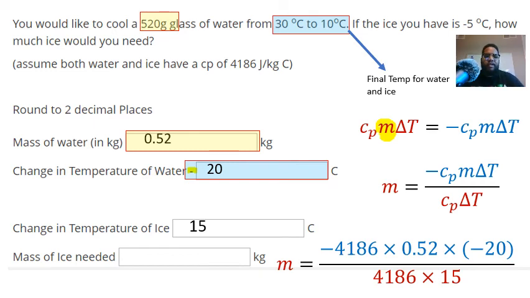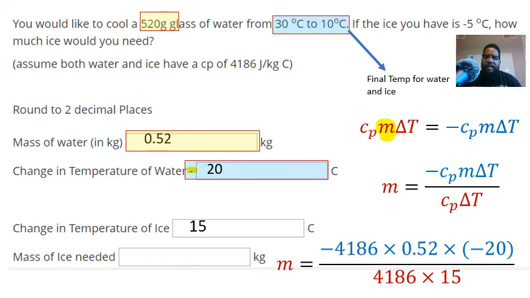The M is 0.52, which we got from the question, where it told us it's 520 grams of water. And at the bottom, we have 4186 again, because that's the CP for ice that we're using. And we have the change of temperature of the ice is 15.